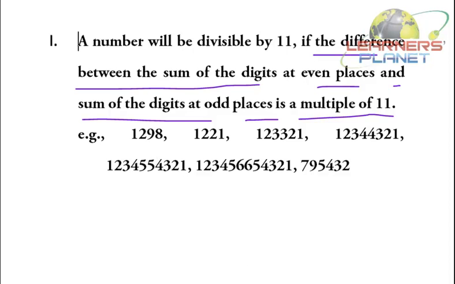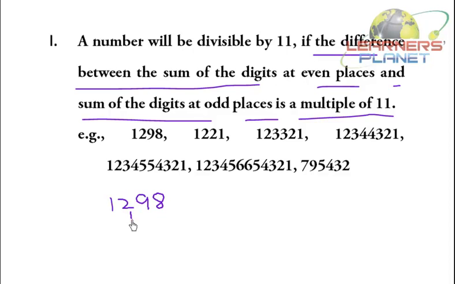Let's take the first example. It's 1298. Okay, we have two methods over here.